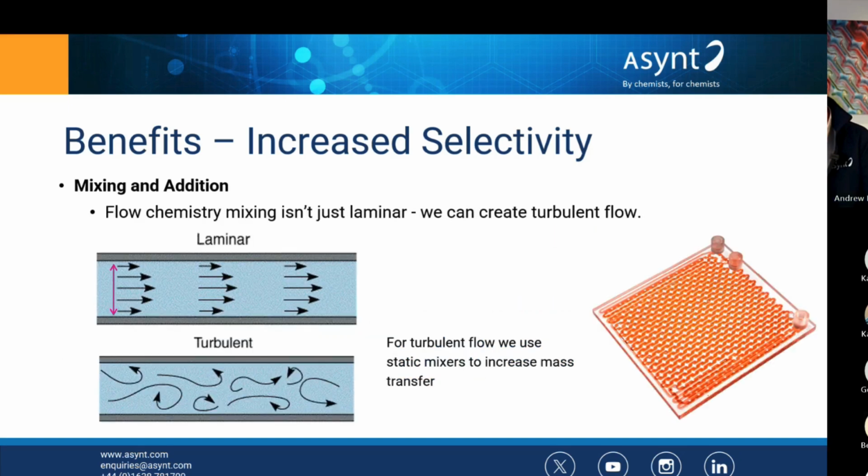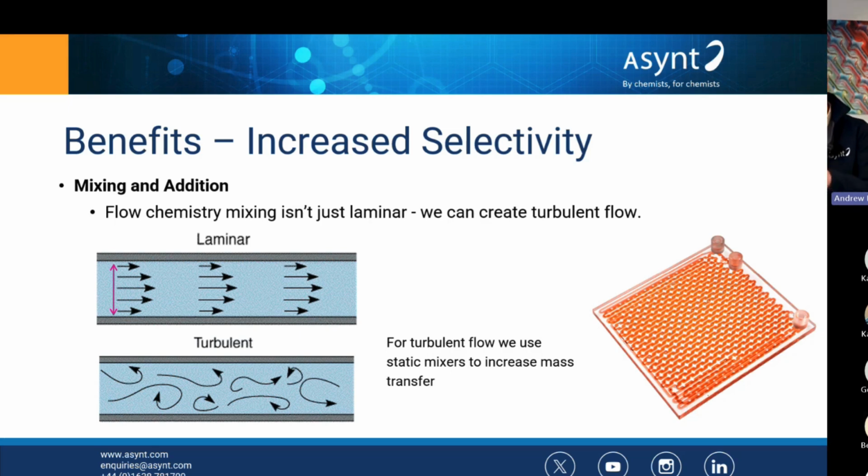So, as I said, we can have turbulent mixing in flow reactors. And as I said, some of those chemistries, those fast exothermic chemistries where we need really efficient mixing, mass transfer, as well as temperature control, can be carried out. So we typically use something called a static mixer, and you can see this diagram here in this image of one of our Unixis static mixers with orange channels highlighted.